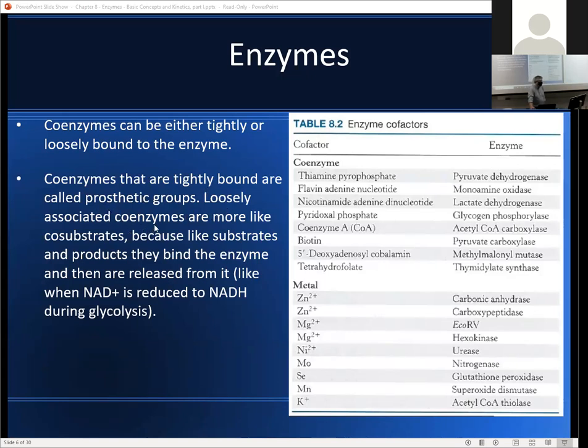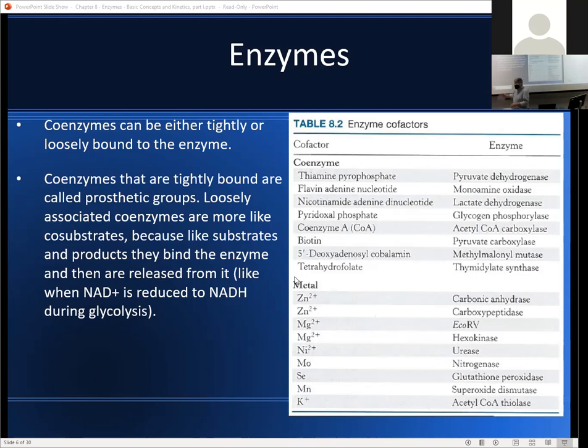Loosely associated coenzymes are more like co-substrates because they do act very much like substrates. They'll bind to the enzyme, and after the reaction's over, they'll dissociate from the enzyme. An example of this is NAD when it's reduced to NADH during glycolysis.